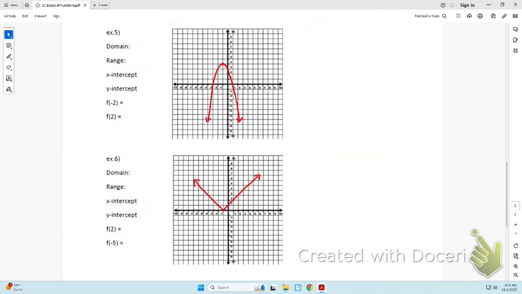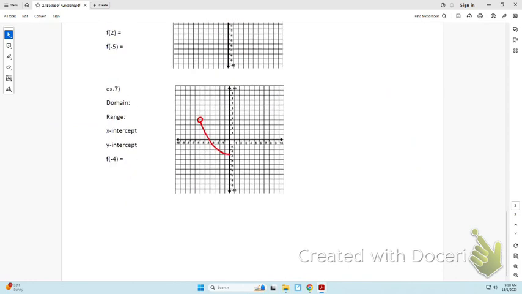All right, number 7, last one. Hit pause, try and do it on your own. Domain. Here, this is where I'm going to try and do a better job. It starts right here at -6, and it goes right until it hits 0.